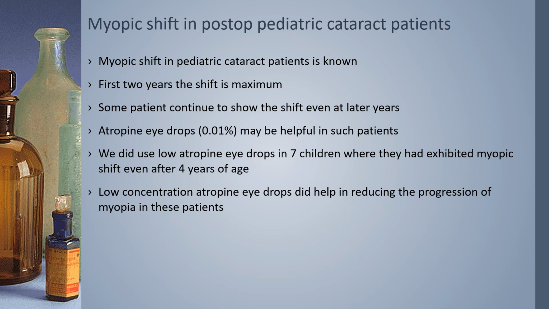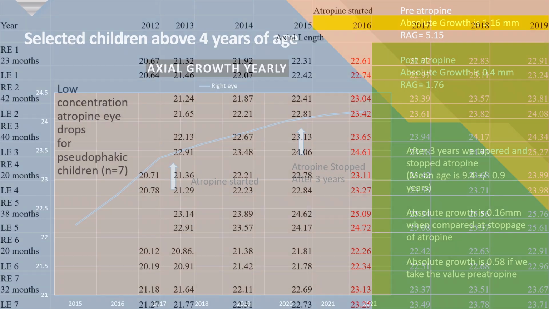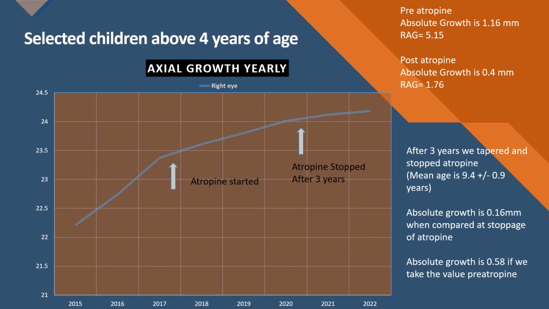I have the data of these 7 patients, but I think we have more patients, and we have sent it for publication in ophthalmology. If you look at the data, this is the data only till 2019. We have the data, but this was a chart we made for a presentation on pediatric cataract and atropine being used in these patients. We did some work on how atropine started affecting.